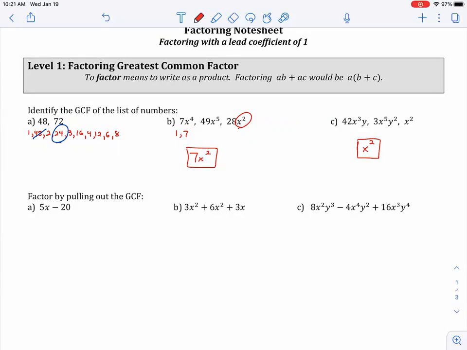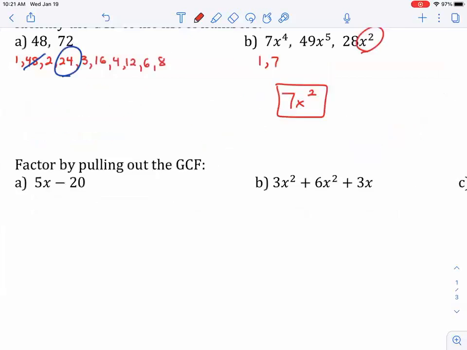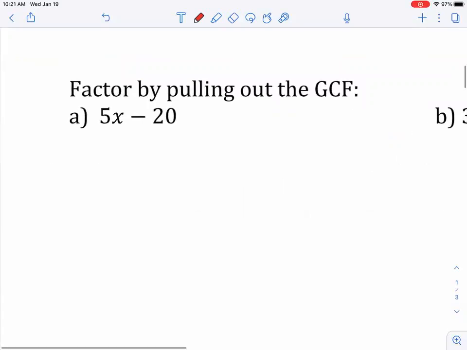A here below is a lot like this first warm-up problem that we did, where we want to pull out the greatest common factor. So I would look at 5 and 20. And my GCF, my greatest common factor, would be 5, okay? Because 5 does go into 5, and 5 goes into 20.